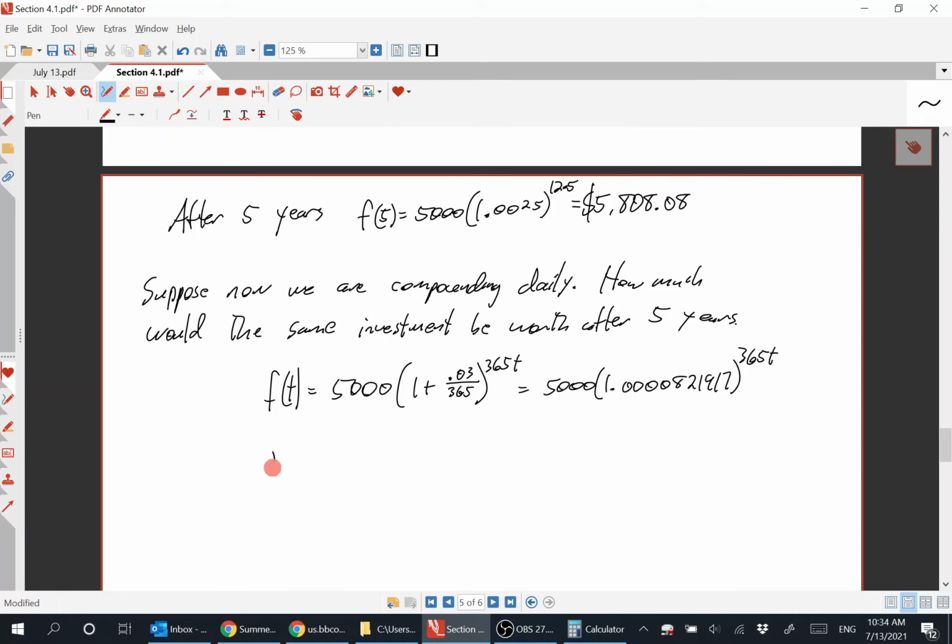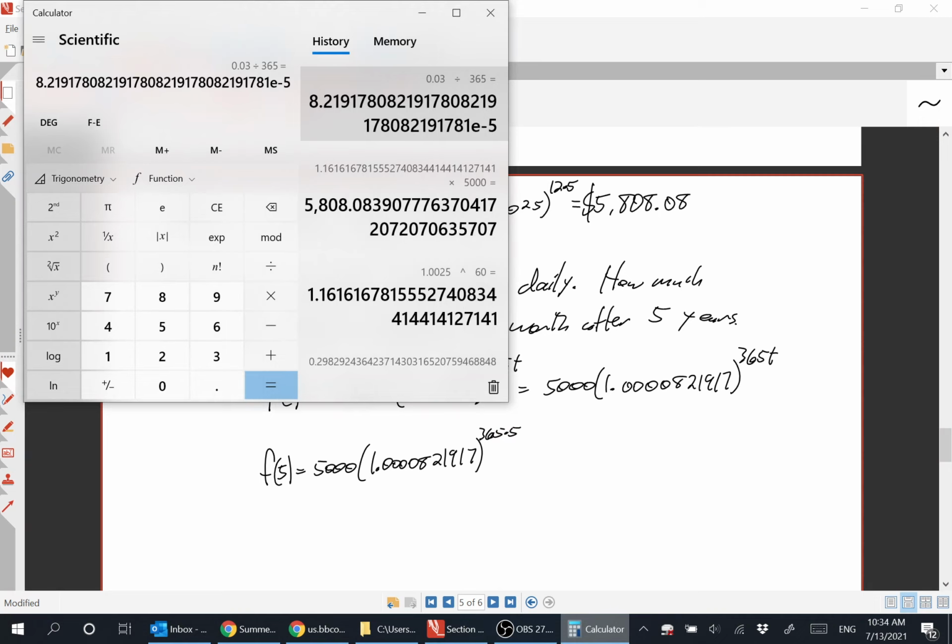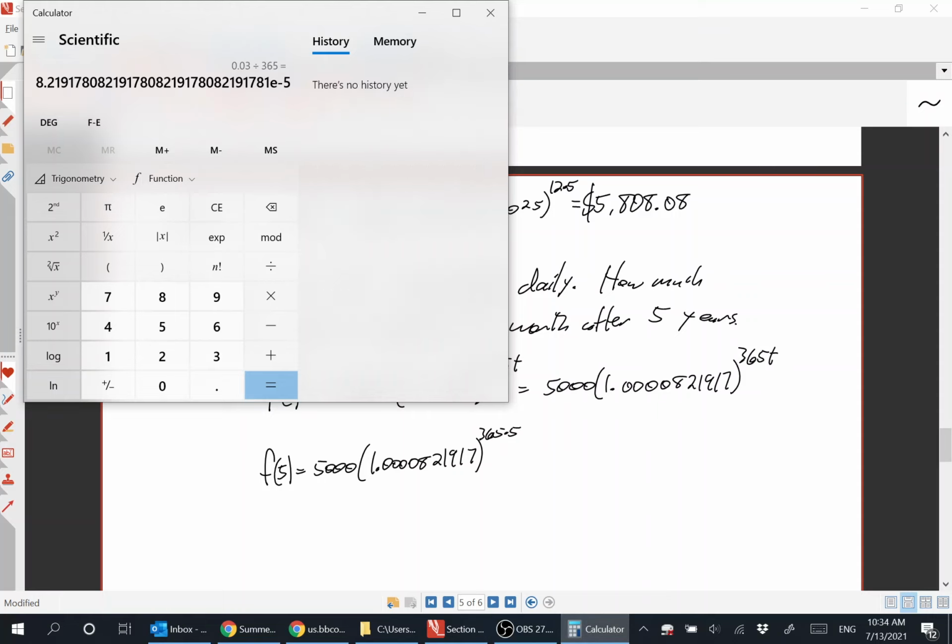So after 5 years, your $5,000 investment is equal to 5,000 times 1.0000821917 to the 365 times 5. It is a little awkward sometimes to do these calculations on a calculator, but let me show you how this goes.